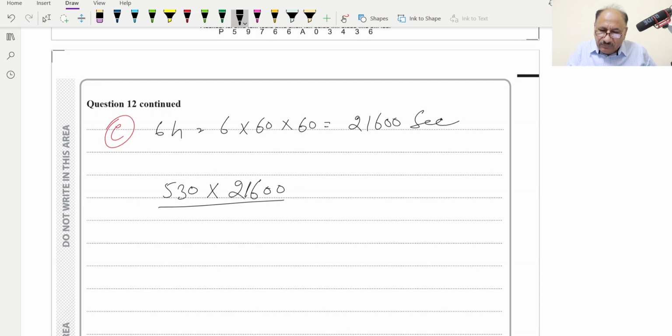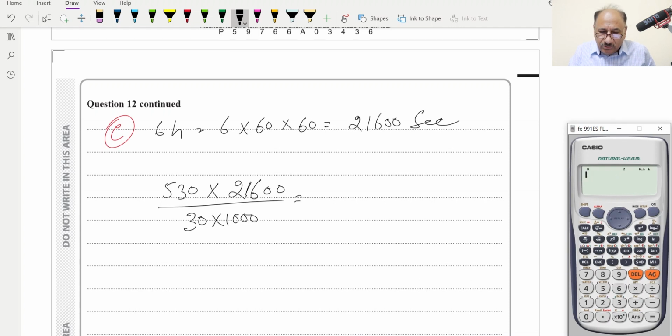So the bags are 30 kg, so this will be multiplied by 1000 to convert into grams. This will be equal to 530 multiplied by 21600, divided by 30 multiplied by 1000, and this will be equal to 381.6.